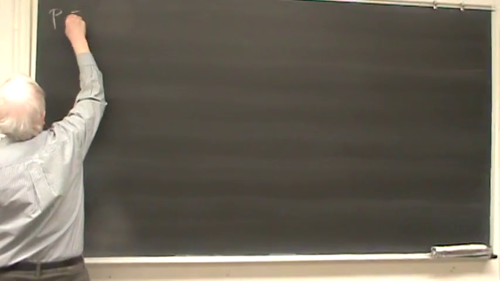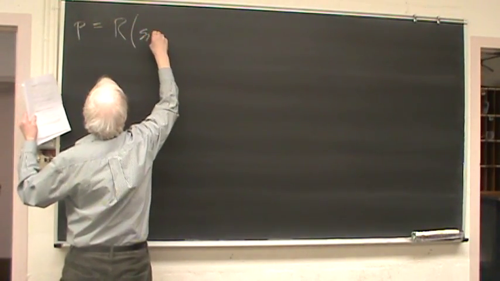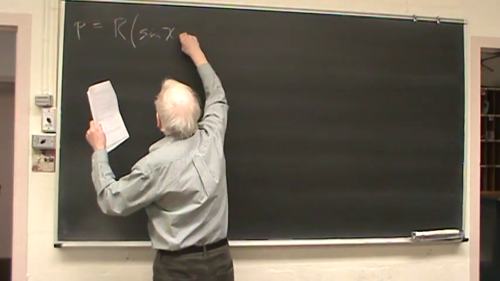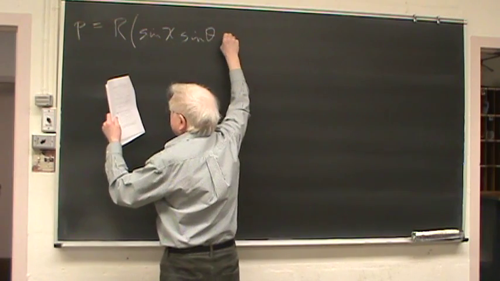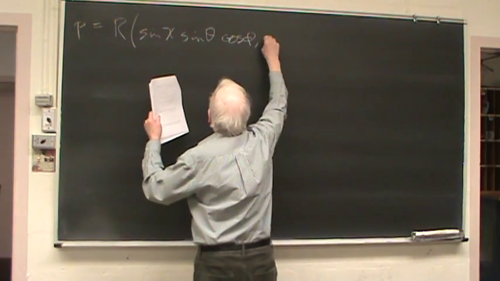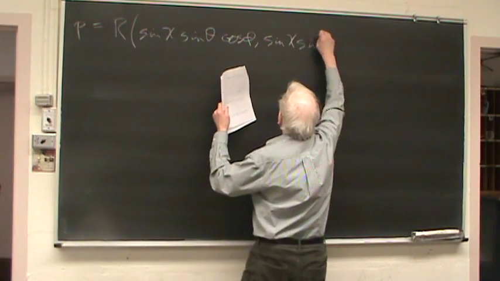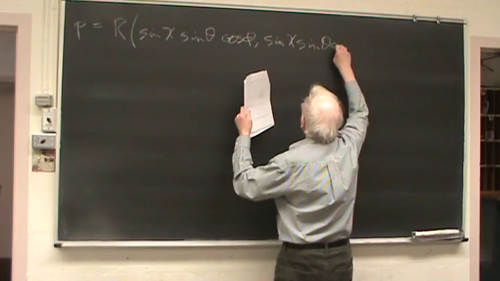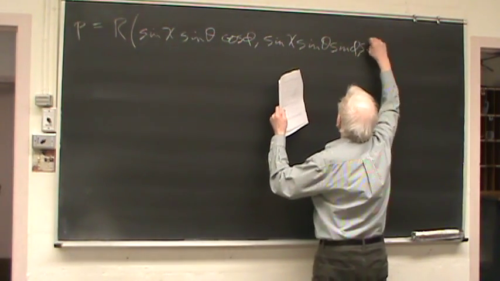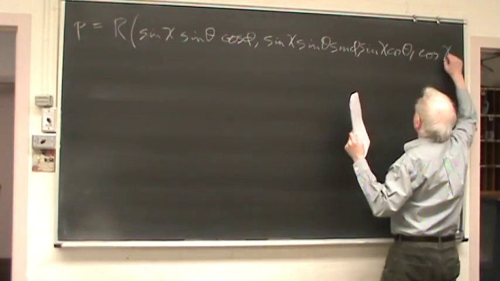We can write the points this way: r, then sin χ sin θ cos φ, sin χ sin θ sin φ, sin χ cos θ, cos χ.